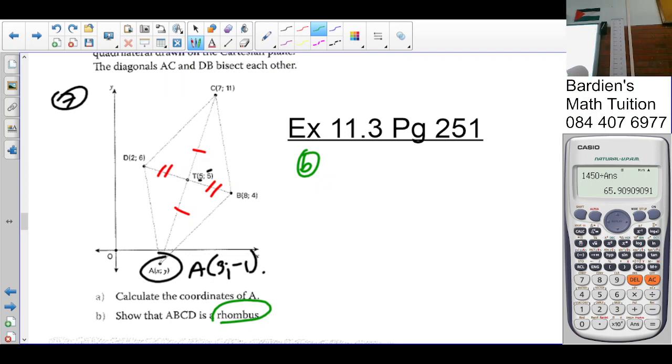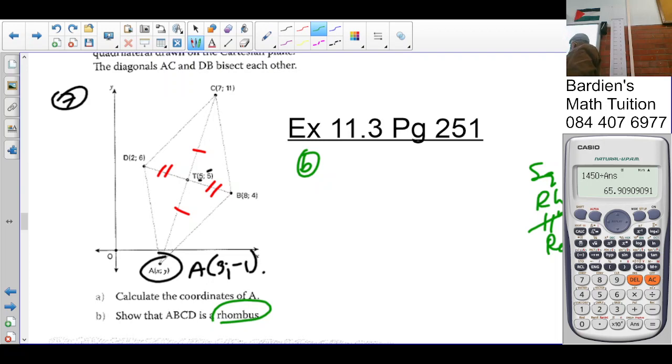So of course you must now prove another property that is evident there. It could be a square, a rhombus, a parallelogram, or a rectangle, but it's already a parallelogram.